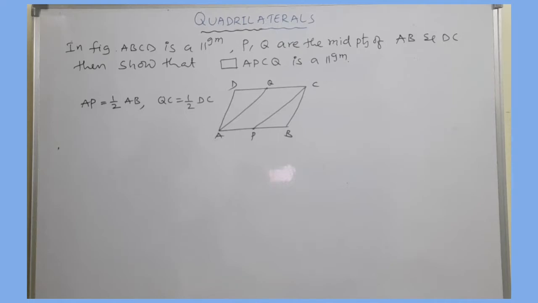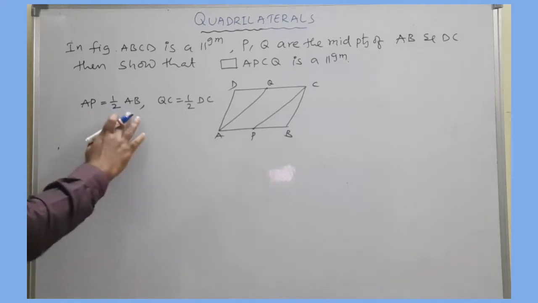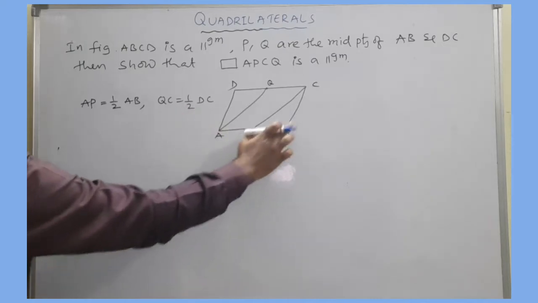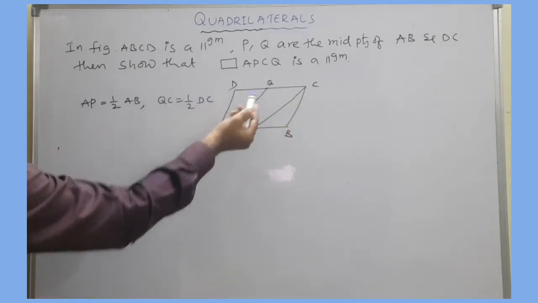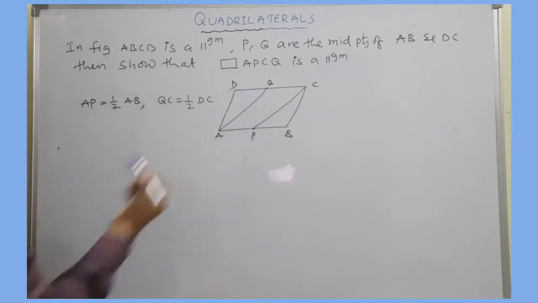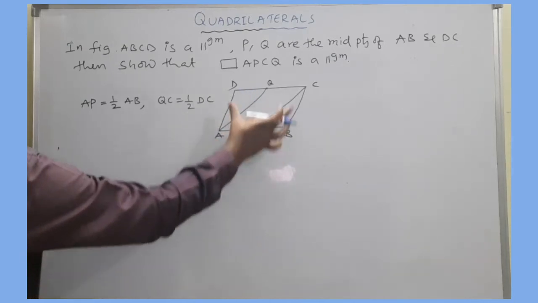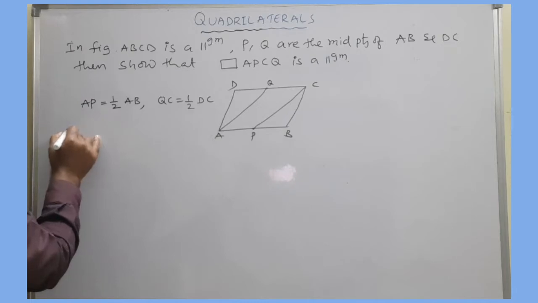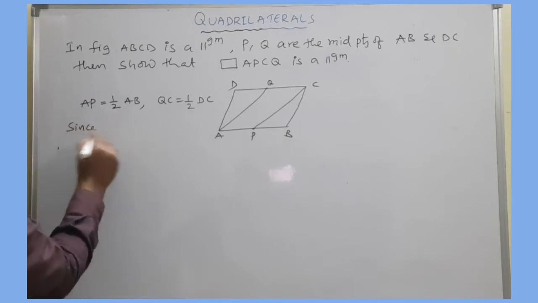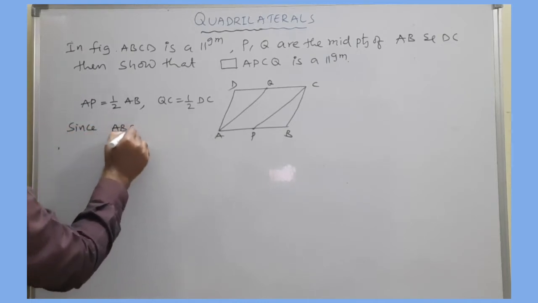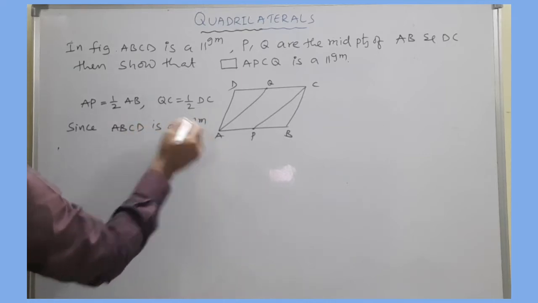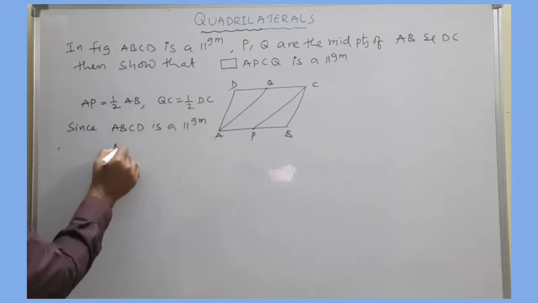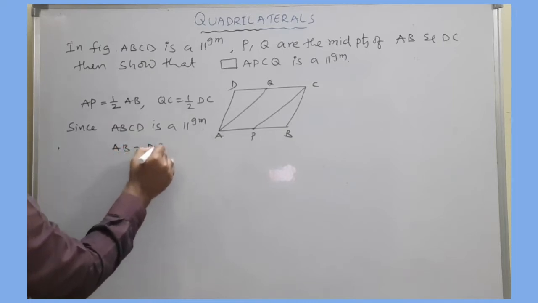Since ABCD is a parallelogram, opposite sides are equal, so AB is equal to DC.